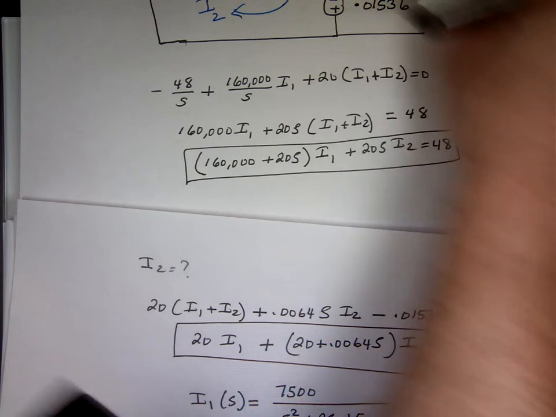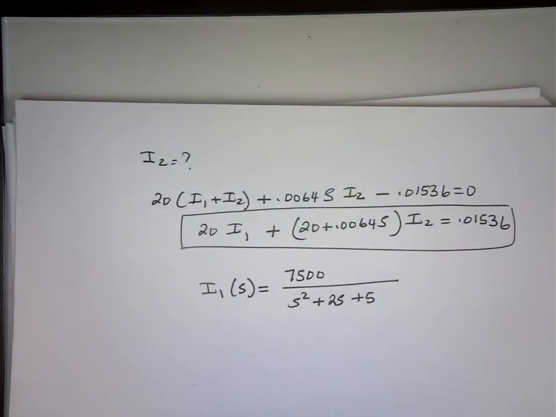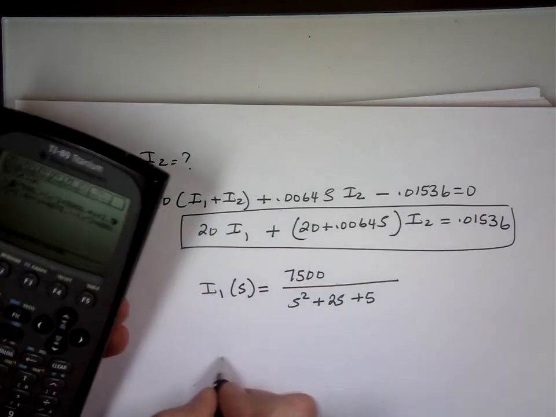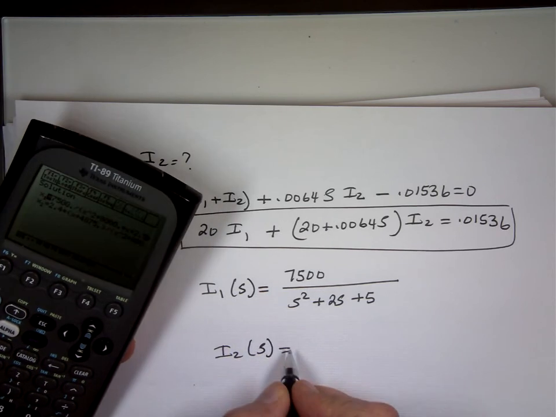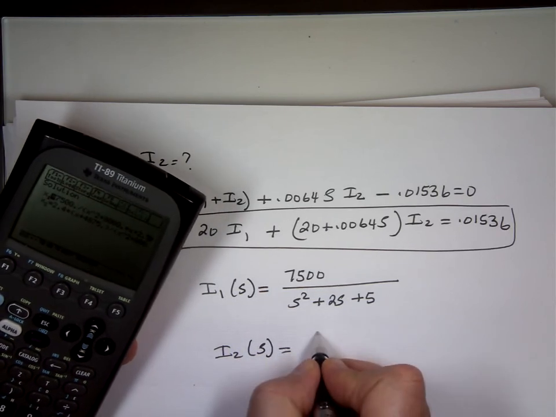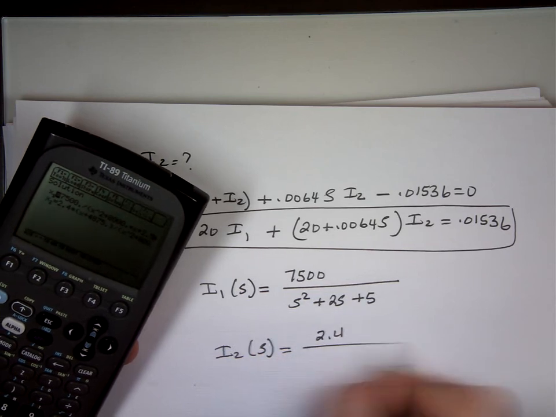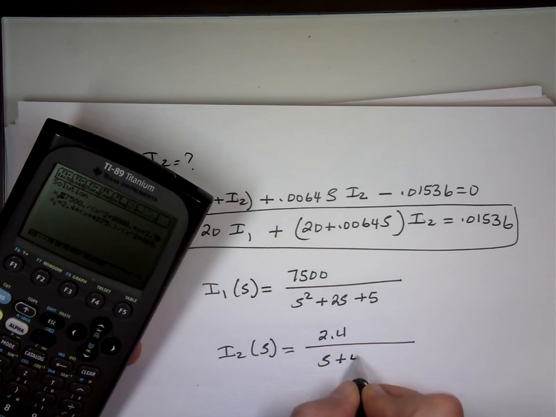That's also not bad for inverse Laplace. And I sub 2 is 2.4 over s plus 4875.